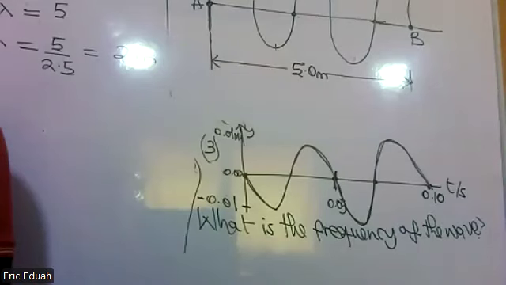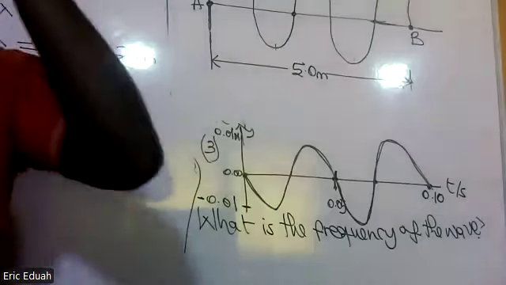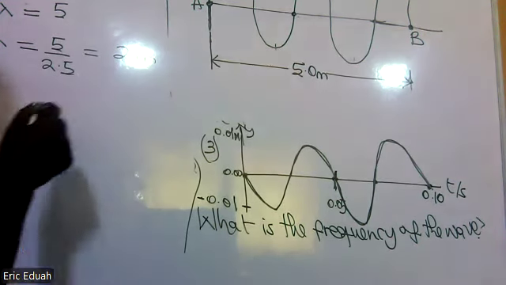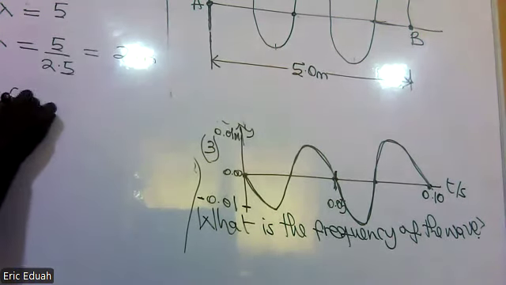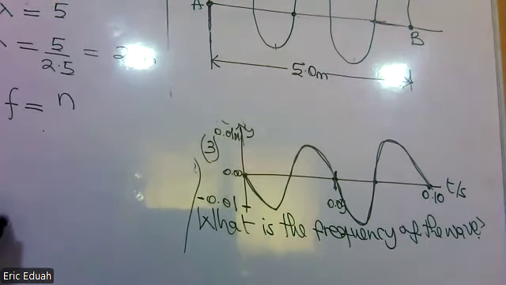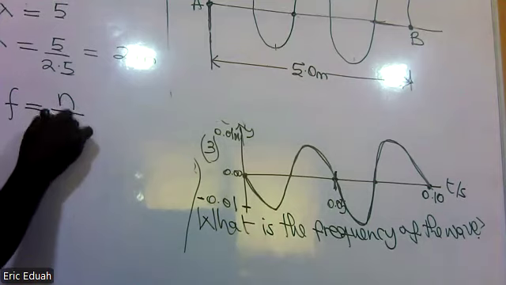What Ekuya Boatma is saying is that frequency is equal to the number of complete cycles divided by time.